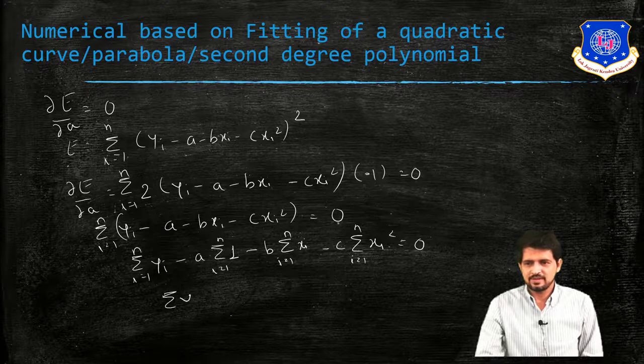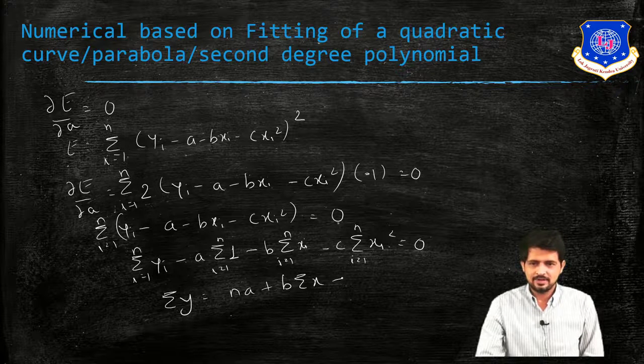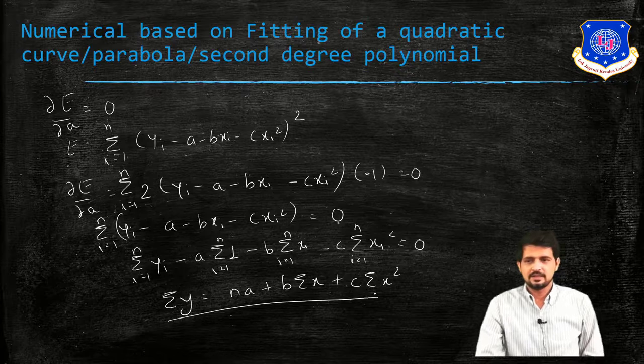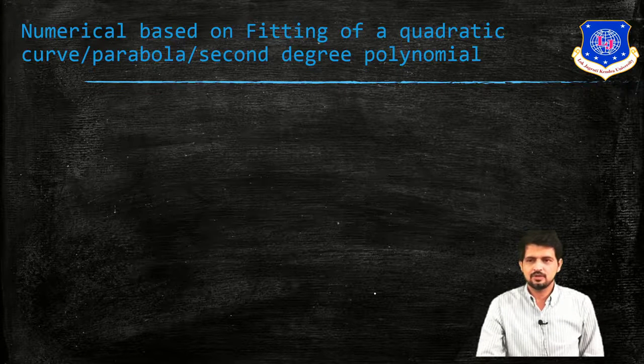If I simplify this, I can write sigma y is equal to Na plus b sigma x plus c sigma x square. This is my first equation. We have found it with the help of del E upon del a equals 0.